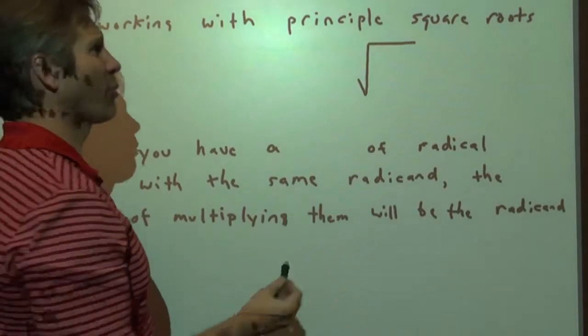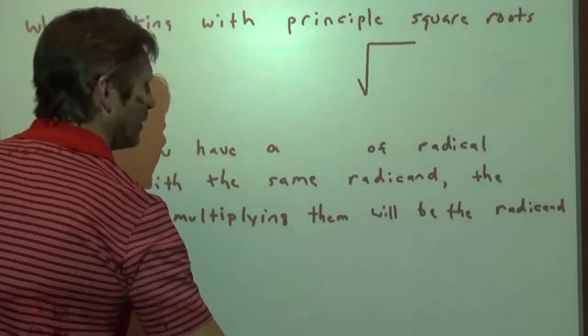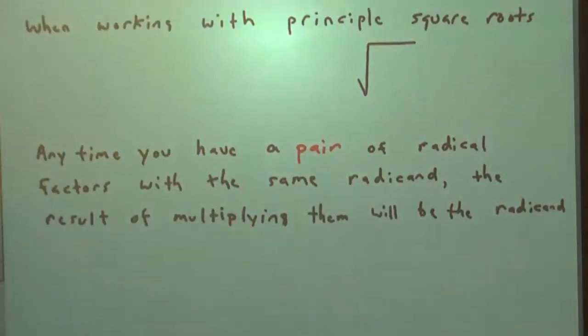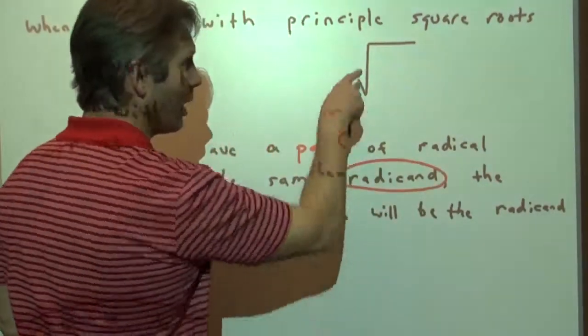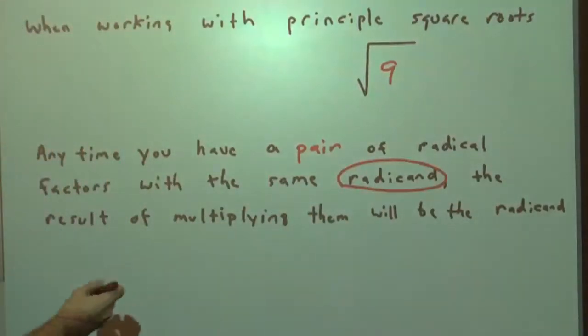So when working with principal square roots, these guys right here, anytime that you have a pair of radicals with the same radicand, now the radicand is the number under the radical sign, like if you see a 9 here, that's the radicand. So anytime you have a pair of radical factors with the same radicand, the result of multiplying them will be the radicand.